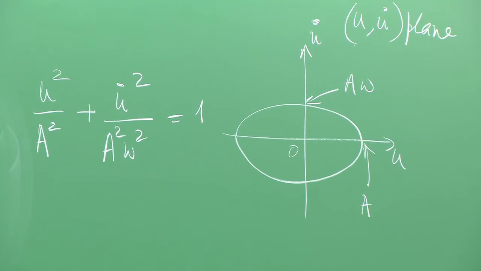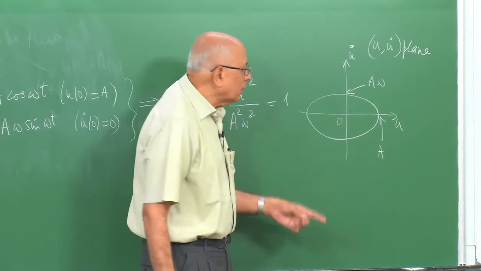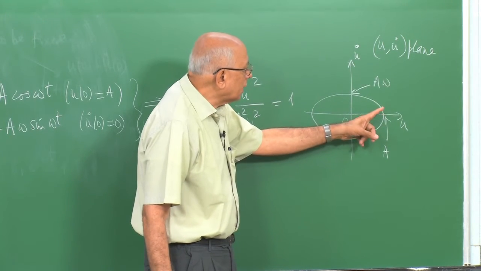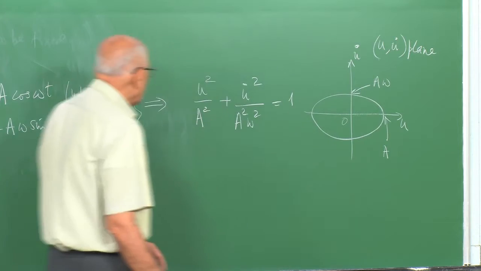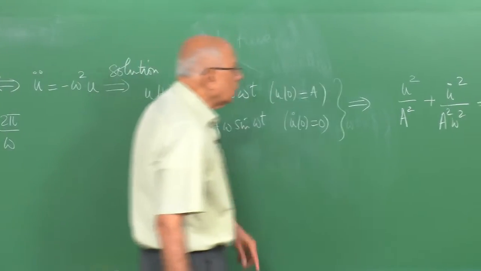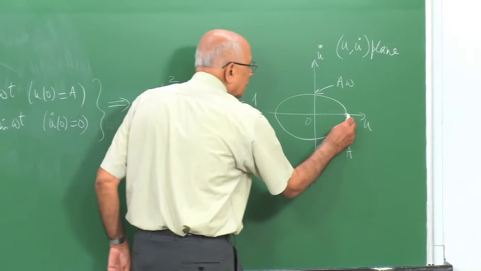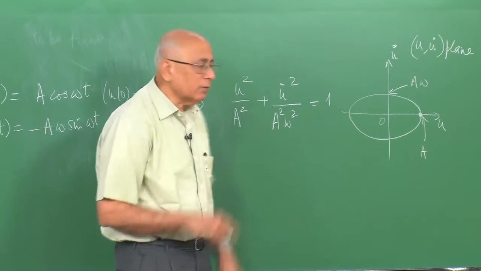And this tells you now that for this motion at any instant of time, the system or the particle is on this ellipse and no other place. At t equal to 0, u is a and u dot is 0, so you are at this point here, and the question is what happens as t increases to positive values.